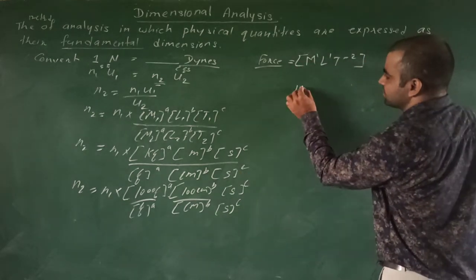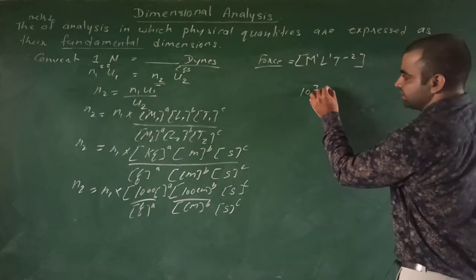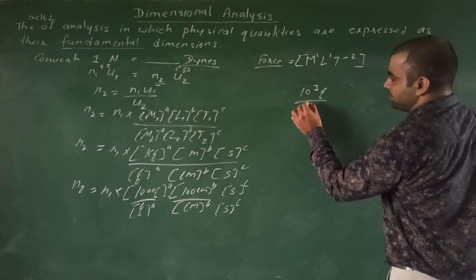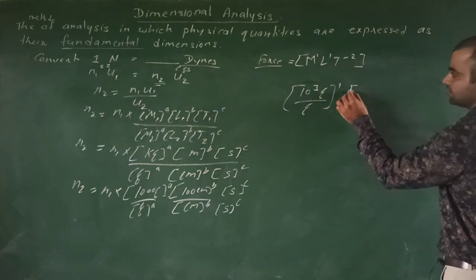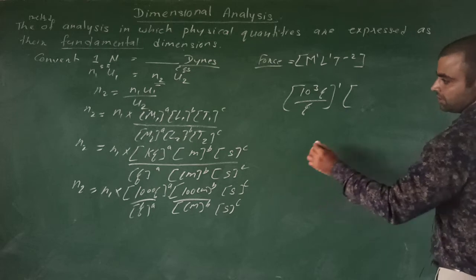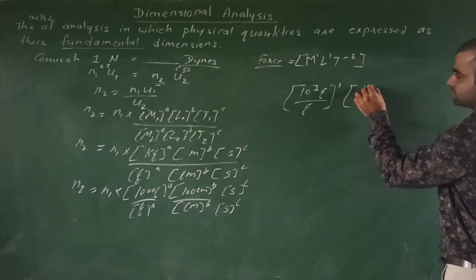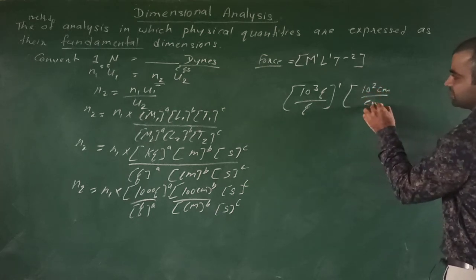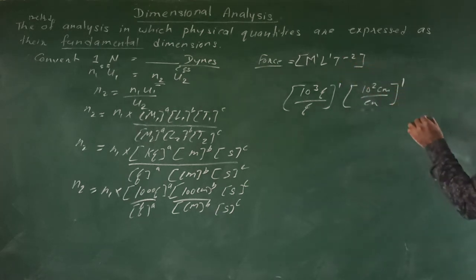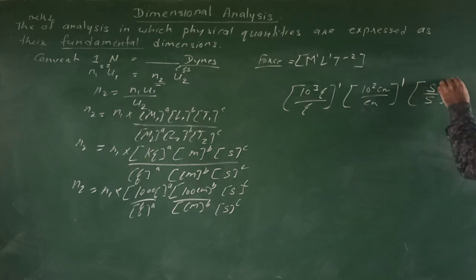For the powers, 1000 is 10 raised to power 3 gram by gram, and power is 1. 100 centimeters equals 10 raised to power 2 centimeters by centimeters, and second by second power minus 2.